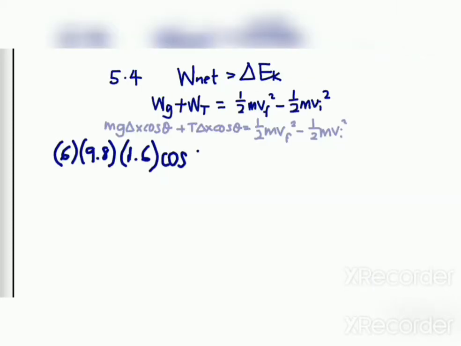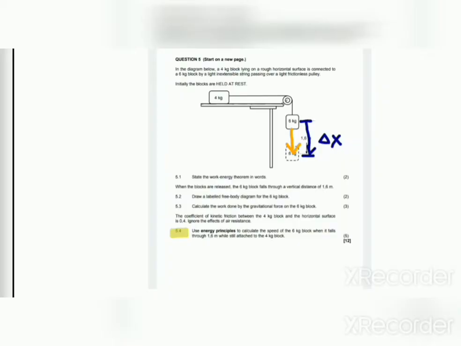So cos 0 degrees plus, we've got tension, we don't know what the tension is yet. Delta x again is 1.6 cos, now what would that theta be? So delta x is still downward, but tension acts upward. So we've got force in the opposite direction to delta x.